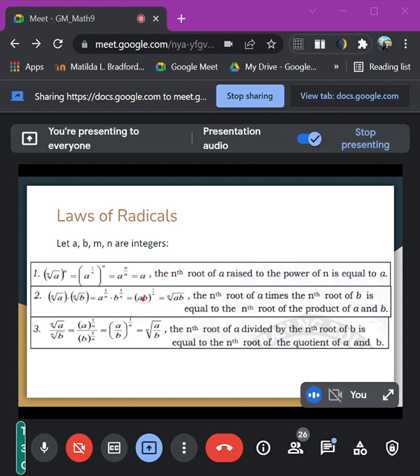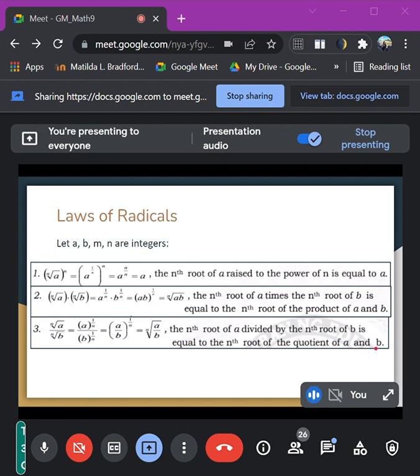So the same lang sa gihapon sa multiplication, but this time, ang operation diri is division. So you can just simply turn it into nth root of a over b, kung ibalik nimo siya into radical expression. So the nth root of a divided by the nth root of b is equal to the nth root of the quotient of a and b.